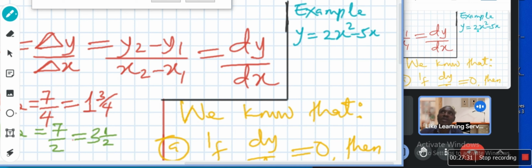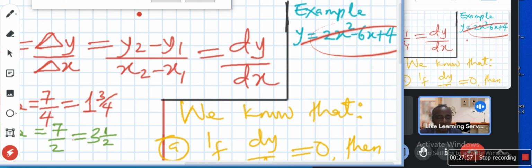Let me see what I can use. 2 times 4 is 8, 4 and 2, minus 6. So let me call this minus 6x plus 4. So y equal to 2x squared minus 6x plus 4.